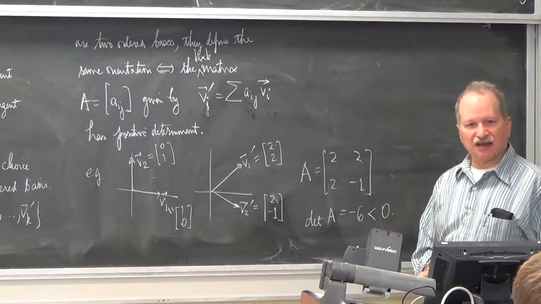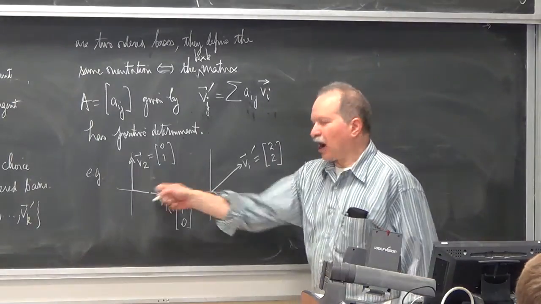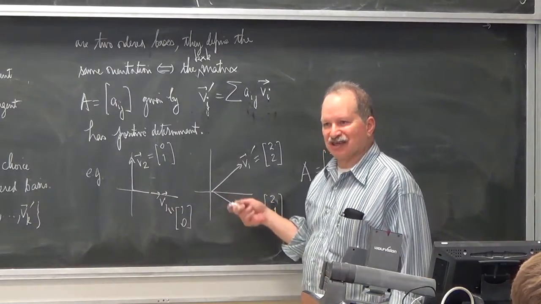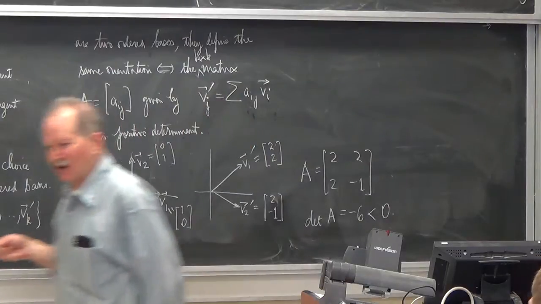Which I believe is negative, so that means these define opposite orientations in R2, which is consistent with what we've been saying all along.